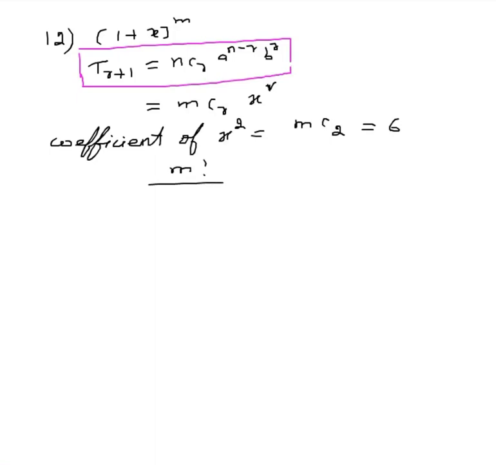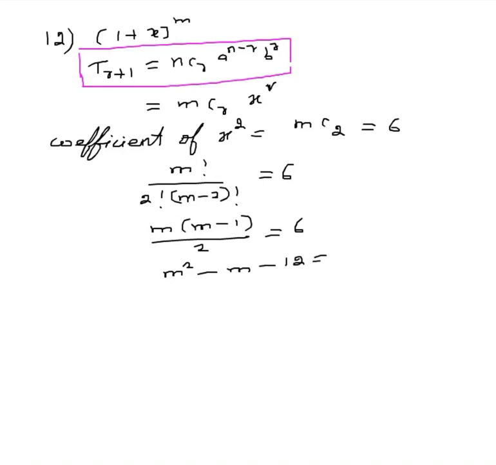mC2 is m factorial divided by 2 factorial times m minus 2 factorial. Cancel m minus 2 factorial, we get m times m minus 1 divided by 2 factorial, which is 2. m square minus m is equal to 12. Bring it to this side. Minus 12 equal to 0.